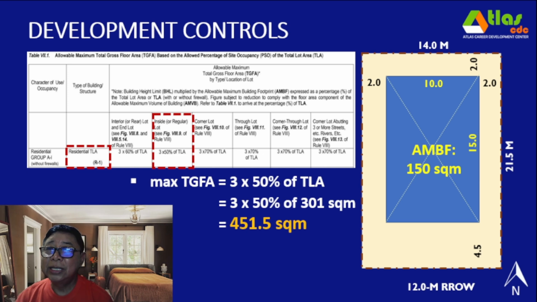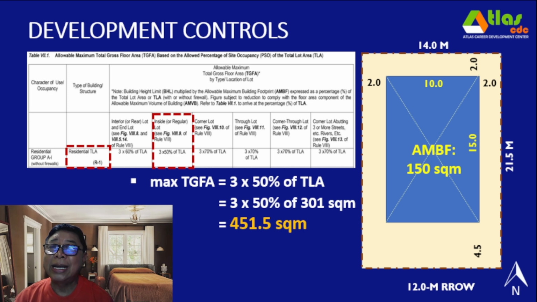We can compare this with our original maximum TGFA value that is based on table 7.1. So this is our value from our part 1 of our series. Our maximum TGFA for this lot is 3 by 50% of the TLA of 301 square meters will be at 451.5 square meters.